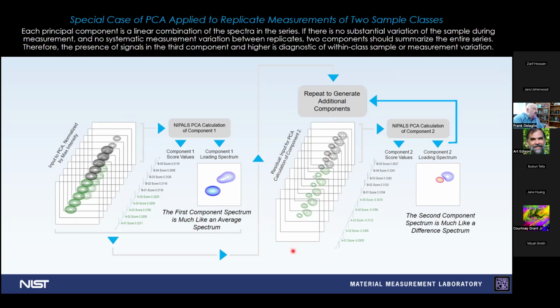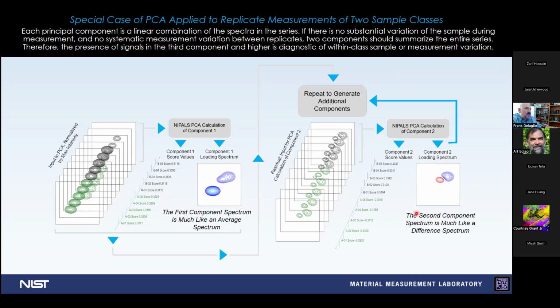So when we have a series consisting of two kinds of samples, we expect that two components should be sufficient to describe the entire spectral series. Generally speaking, this first component looks very much like an average spectrum, and the second component looks very much like a difference spectrum.